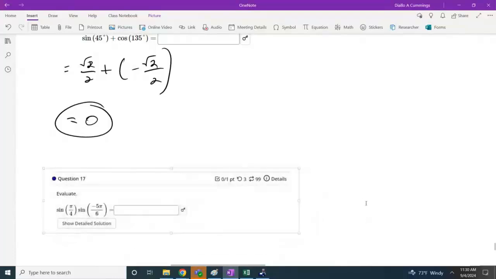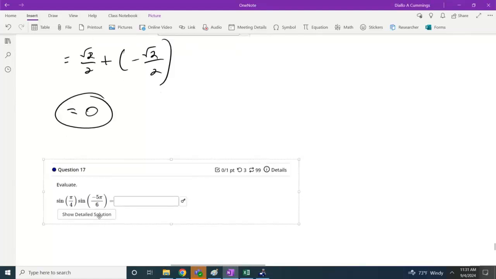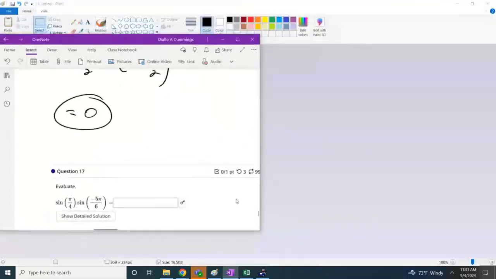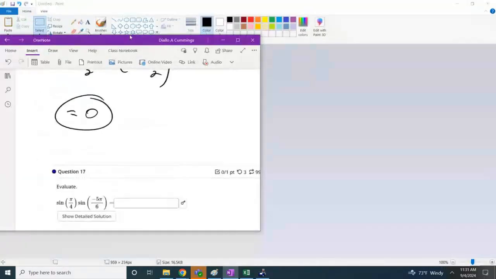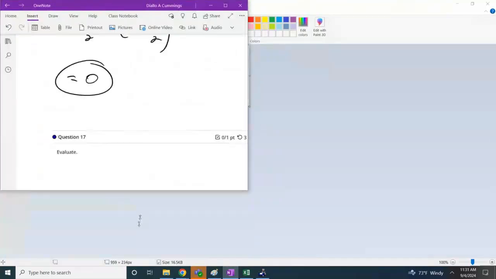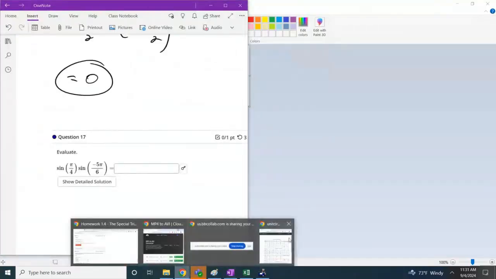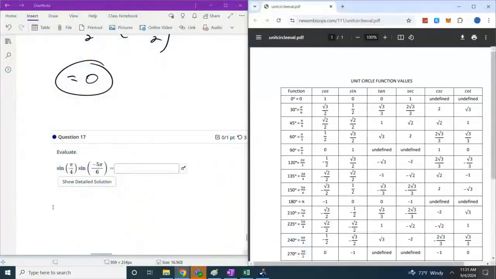Again, we're asked to evaluate. In this example, we're asked to find the sine of pi over 4 times the sine of negative 5 pi over 6. As we search these values, the sine of pi over 4 is going to be square root of 2 over 2.